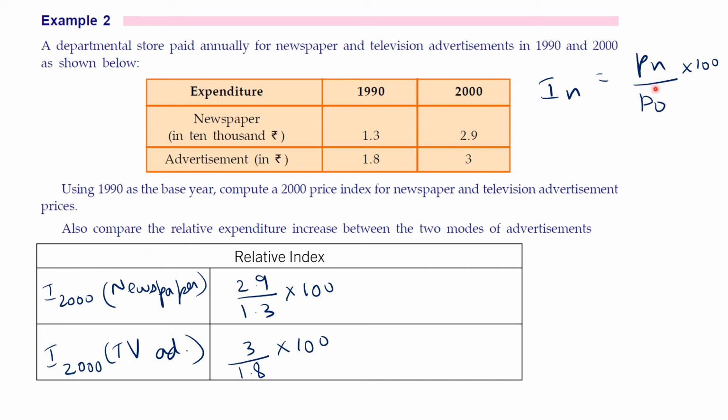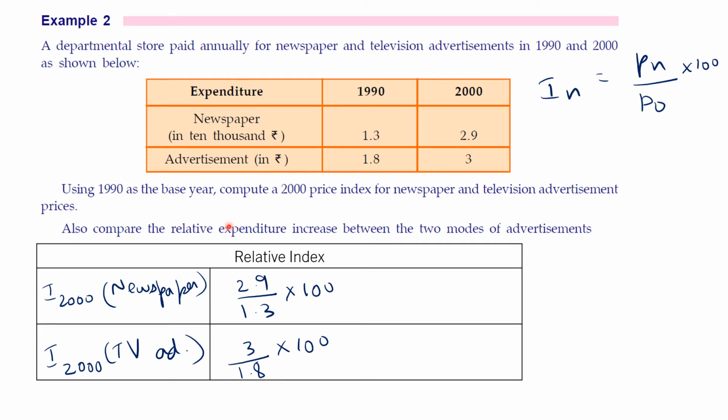So here we have the price in time period N and the price in the base period P0, 1990. So the index number for the first one, newspaper, is 2.9 upon 1.3 into 100, and for advertisement it is 3 upon 1.8 into 100.